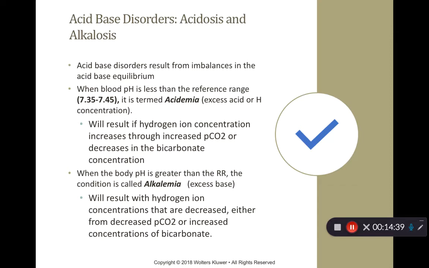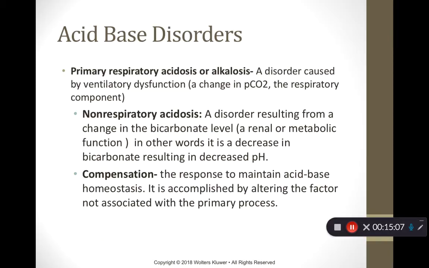This will result in a hydrogen ion concentration that increases through increased partial CO2 or a decrease in the bicarbonate concentration. When the blood pH is greater than the reference range, the condition is called alkalemia, or excess base. This will result in decreased hydrogen ion concentrations, either from decreased partial CO2 or increased concentrations of bicarbonate.